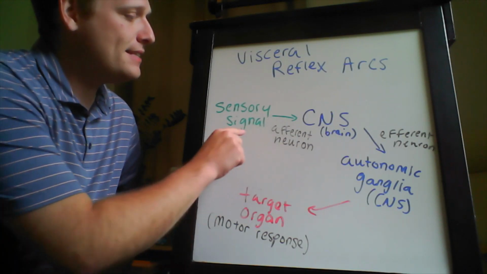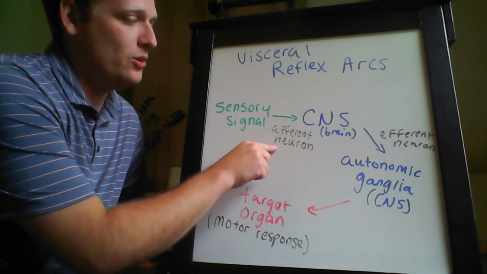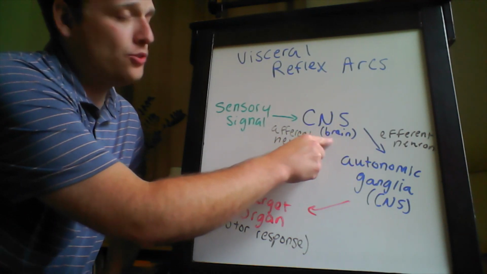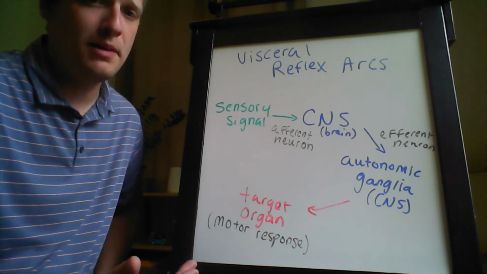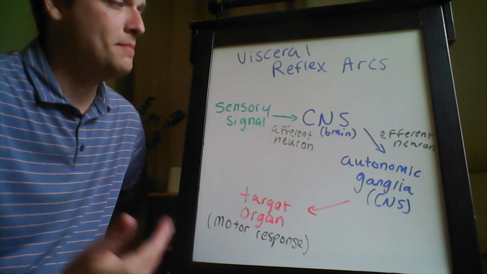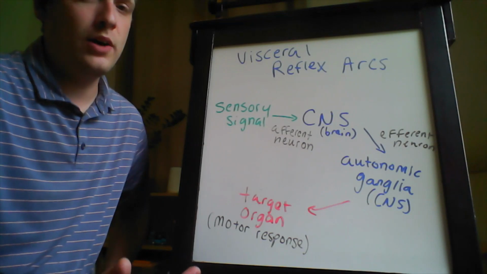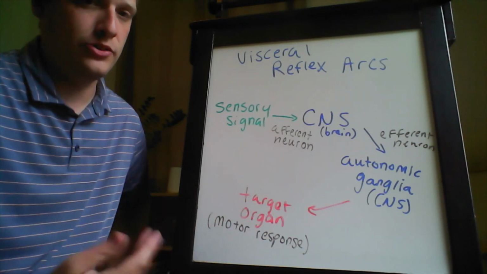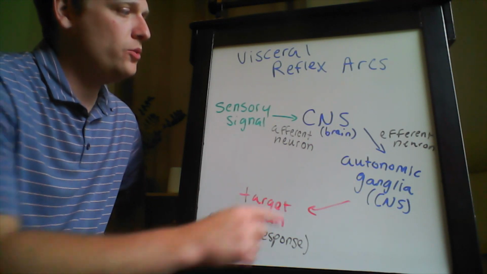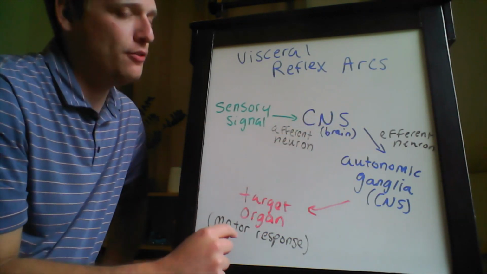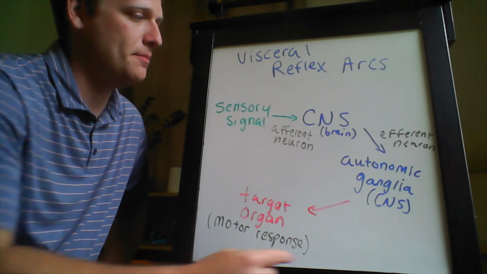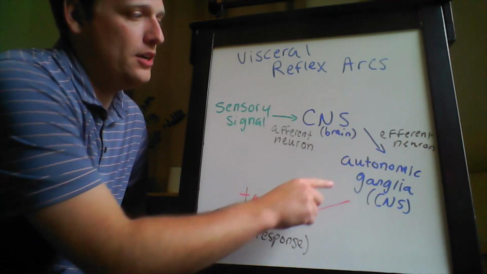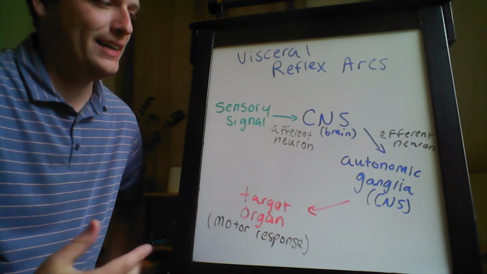And that signal is going to be sent through an afferent neuron. So the central nervous system is going to receive information and make a decision about whether or not to activate or inhibit a certain target organ. The processing of the information occurs in the central nervous system, and a signal is sent through an efferent neuron to what are called the autonomic ganglia.